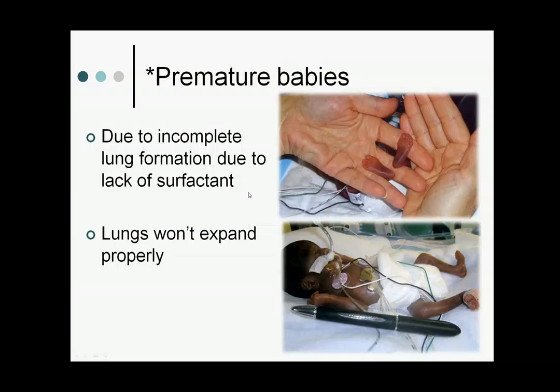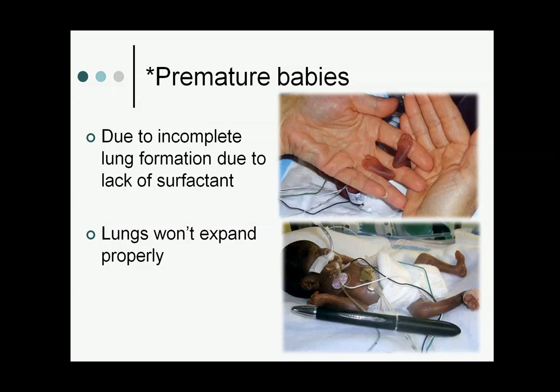One thing that we should mention, just because we're talking about it a lot of times, the big danger of premature babies is because their lungs have not developed, and what that means is the lack of the surfactant that I just mentioned. Without the surfactant, the air just basically cannot get in, or as much cannot get in as these organisms need.